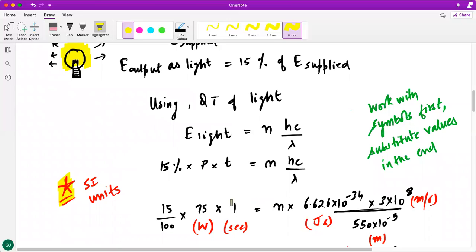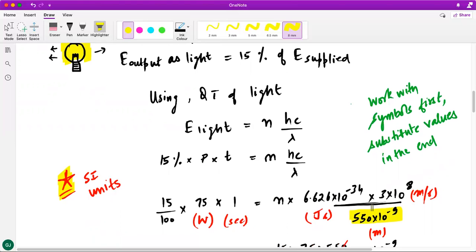So here power and time were given in SI units, so we substitute the values as they are. Now the value of h in SI units is something that we know. C, that is the speed of light, is also something that we know. Now wavelength here was given in nanometers, so it became important for you to convert it into meters first, then substitute over here, and then solve to get the value of n.